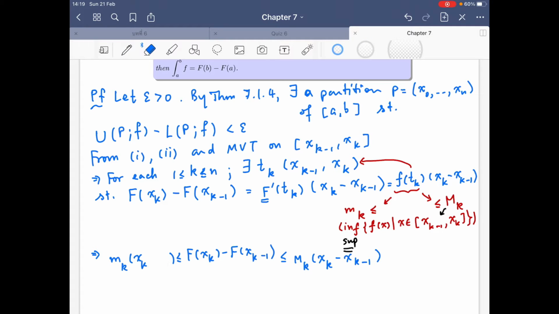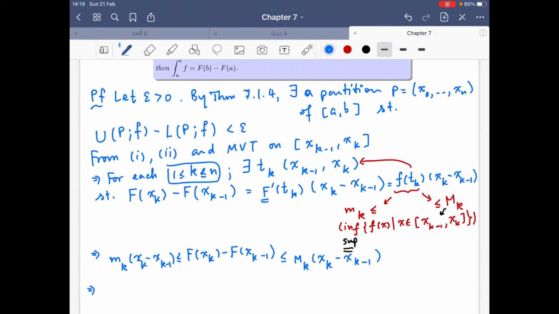I'm sorry, the xk must be first, because it is greater. We just need to multiply by the length of each subinterval. This happens for each and every k from 1 to n.